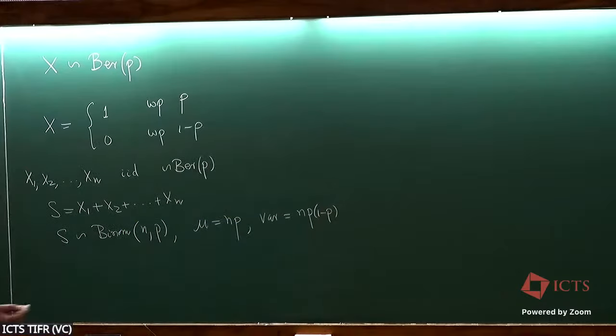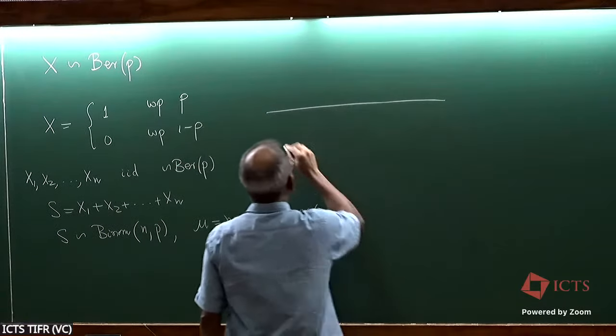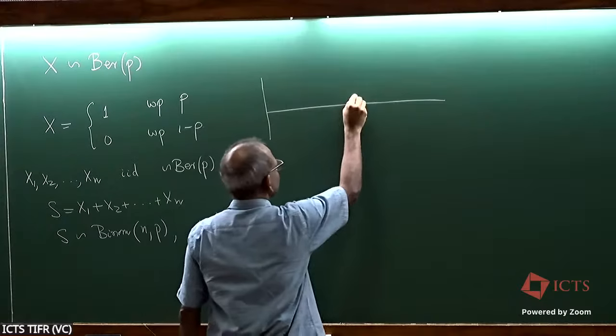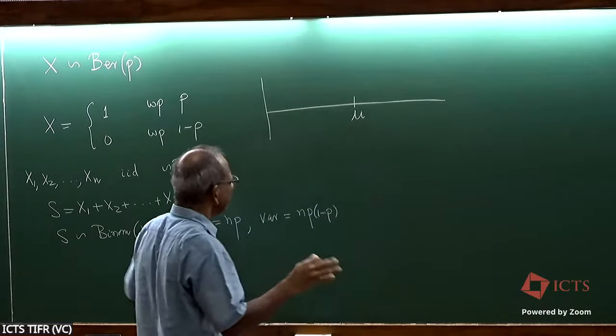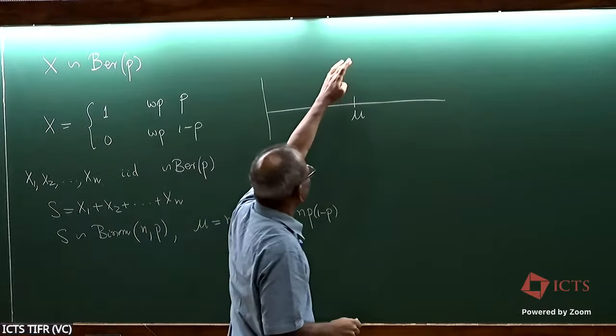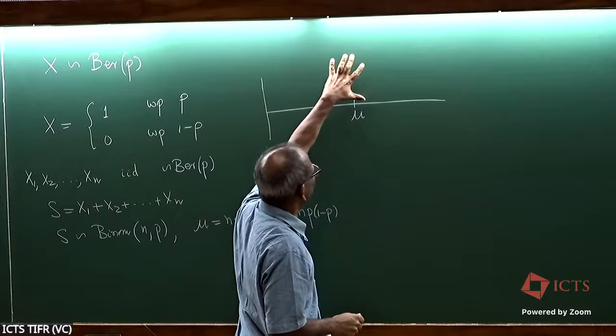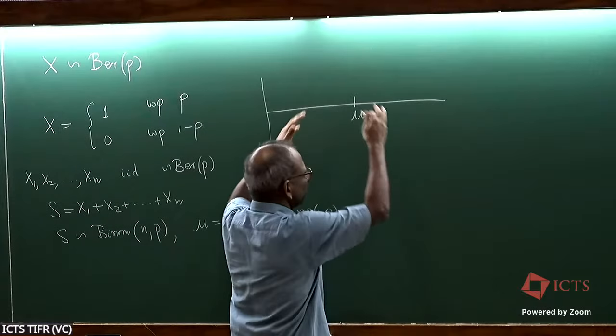And we are told that if we maybe take n large, then the probability sort of peaks near about the mean, and then it falls off.